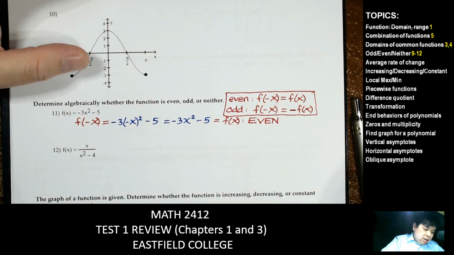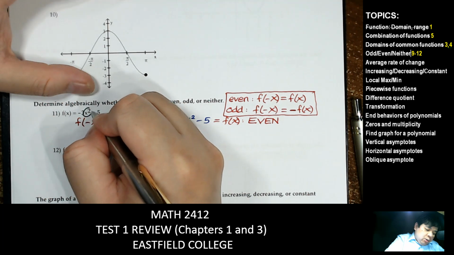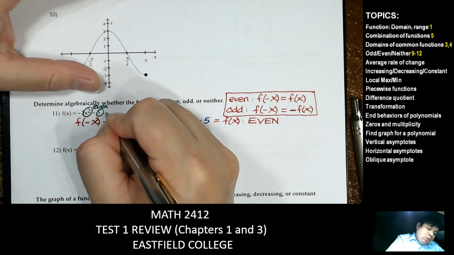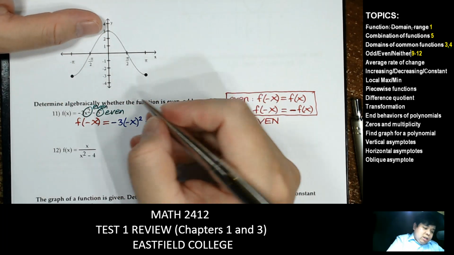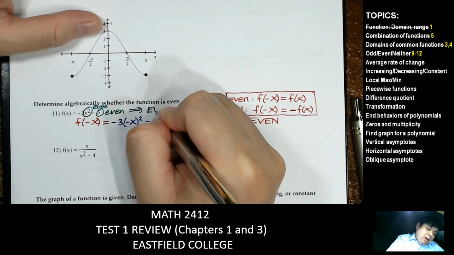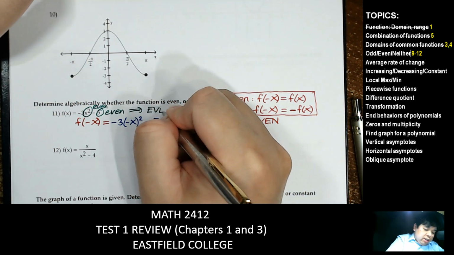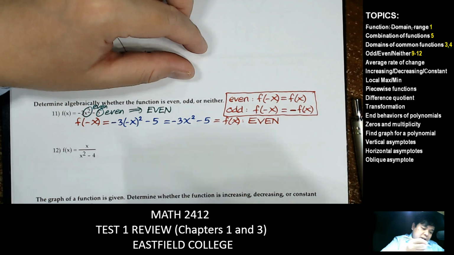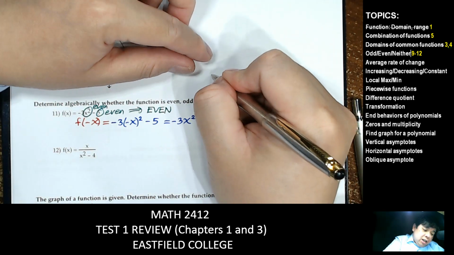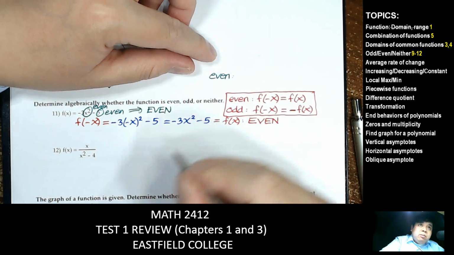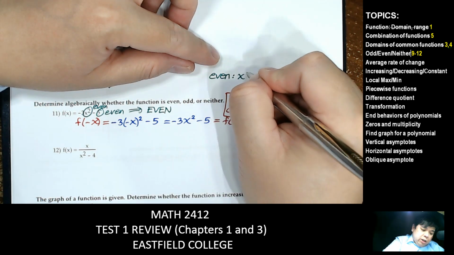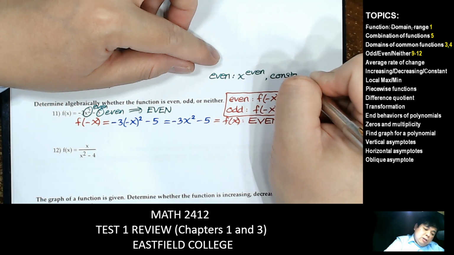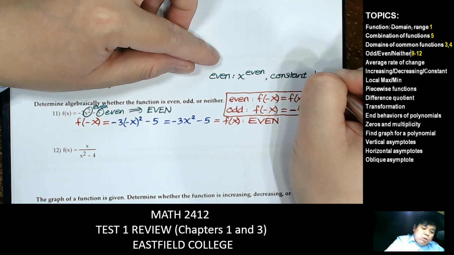Or we can also do it like this. We see that x to an even power, so that one is even. 5 is also even. So the whole thing is even. Notice that the negative 3 in front of it does not affect anything. So, loosely speaking, we can say these are the even terms. We will have x to an even power, a constant, or absolute values of x.